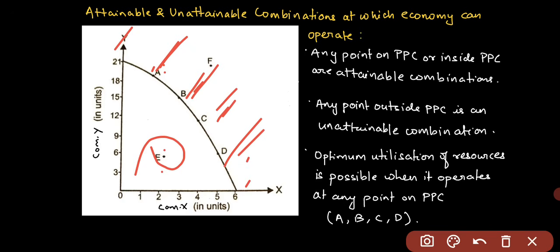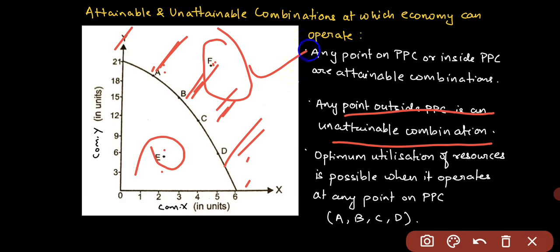But this F denotes that it is not possible. It is outside the production possibility curve, and it is known as an unattainable combination, this F. Any point outside the production possibility curve is unattainable. It cannot be attained. At best we can produce at these points, or at any point inside the production possibility curve.